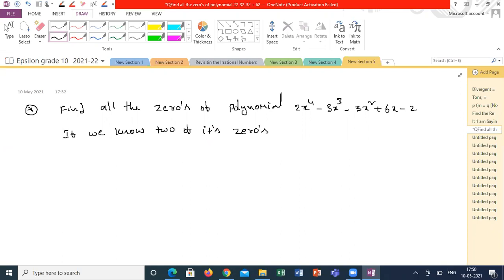Two of its zeros are root 2 and minus root 2.